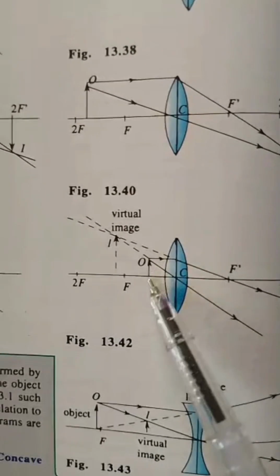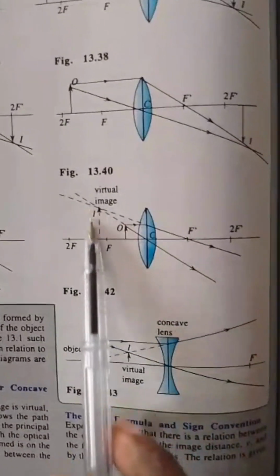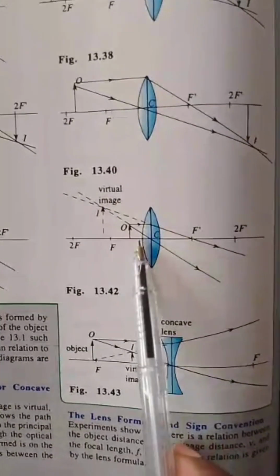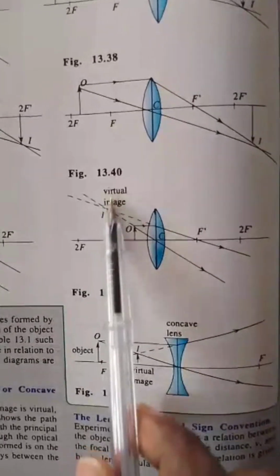So it's something like this. It forms a virtual image. This is the lens, the type of lens that is used to correct long-sightedness. This is the correcting lens, so it forms an image at a further point.